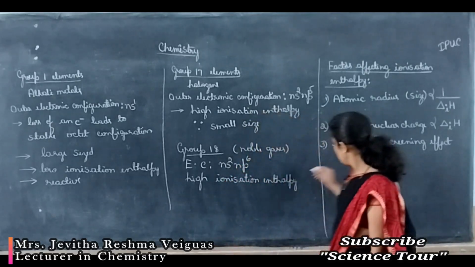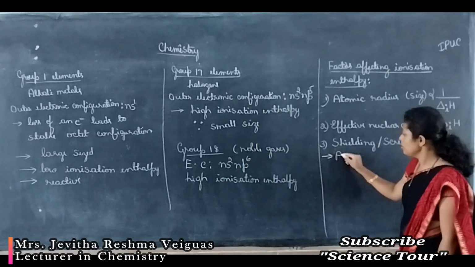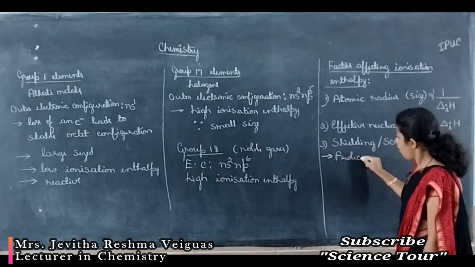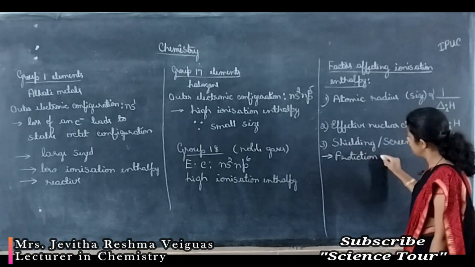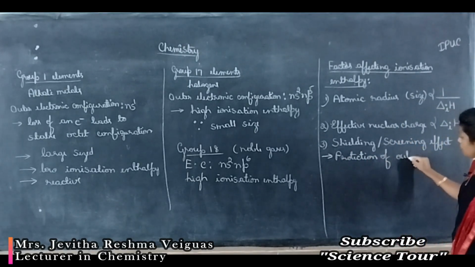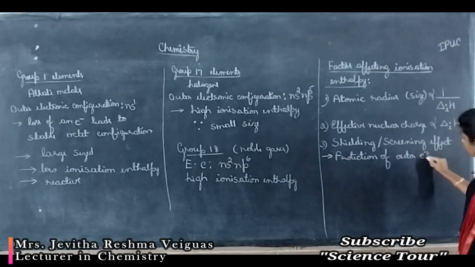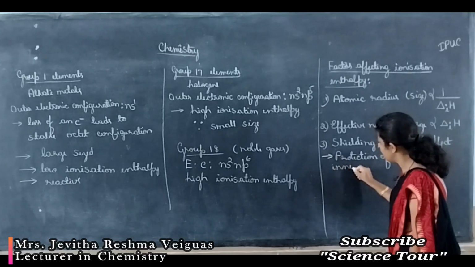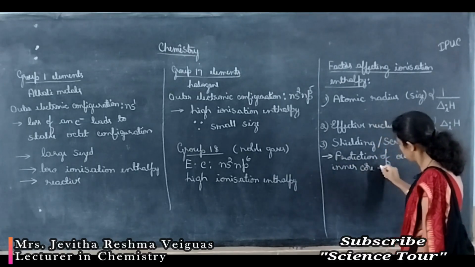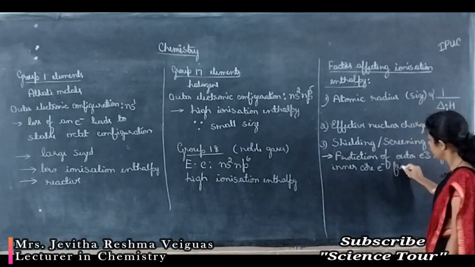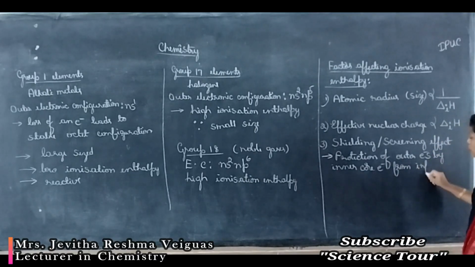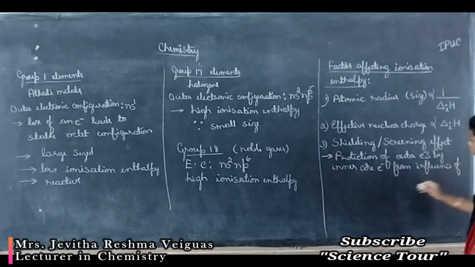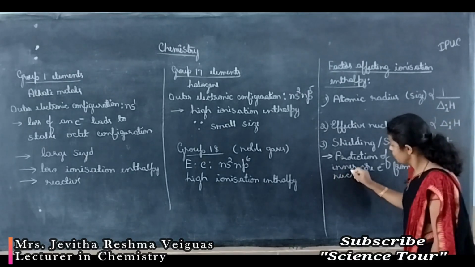It is the protection of outer electrons by inner core electrons from the influence of the nucleus, or from the attraction of the nucleus.